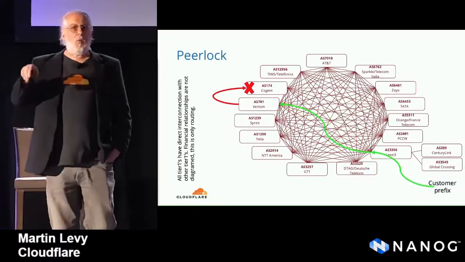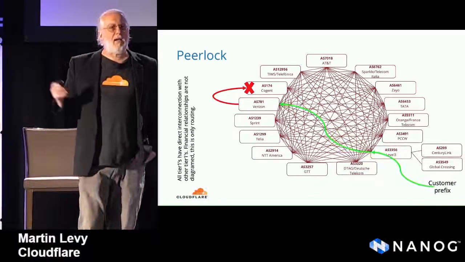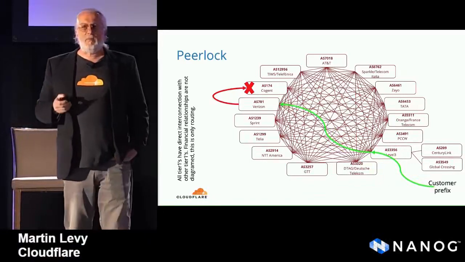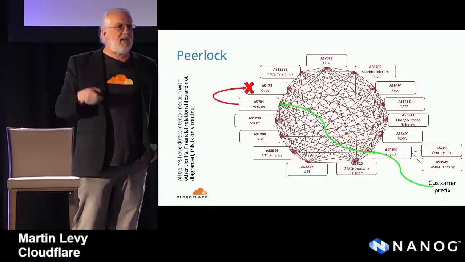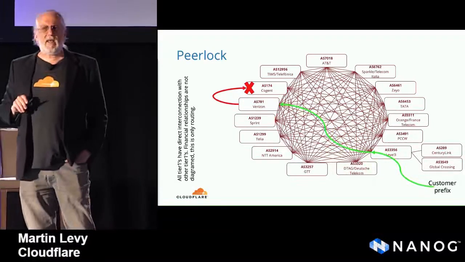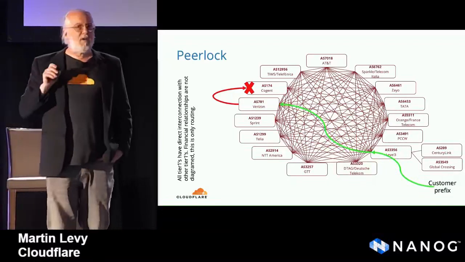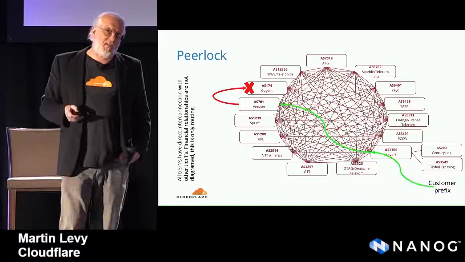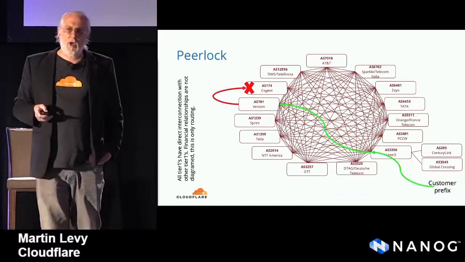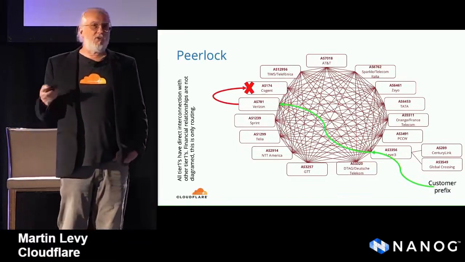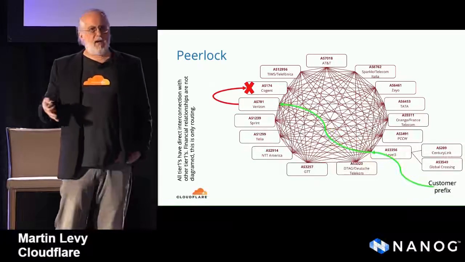It should never wander around and then come back into any of these ASs. And peer lock is the ability for a set of ASs to say, I will only listen to you through a direct connection, and I promise I will never see that route through anywhere else. And peer lock would have saved the day for this. Because as much as it isn't good to see this route leak, it really should never have traversed this area.